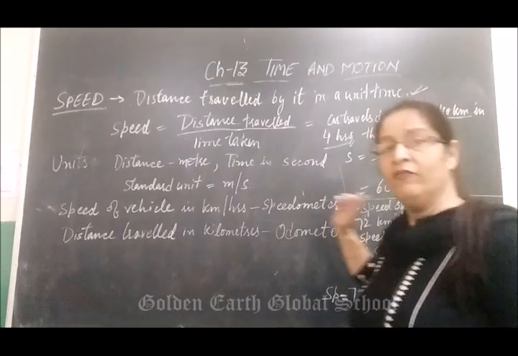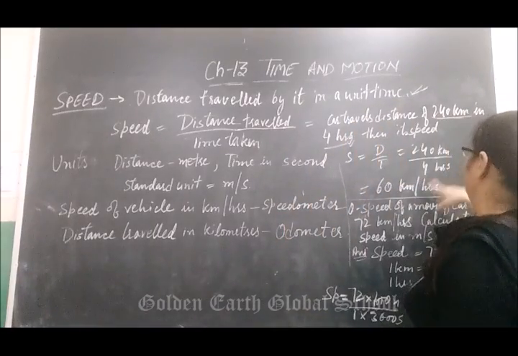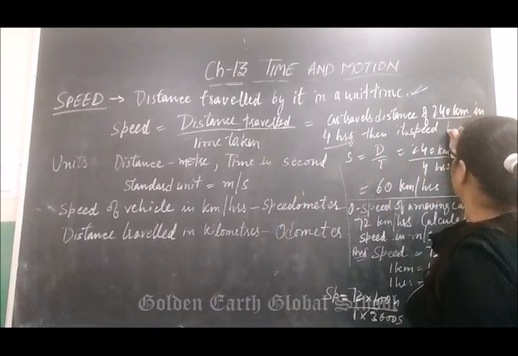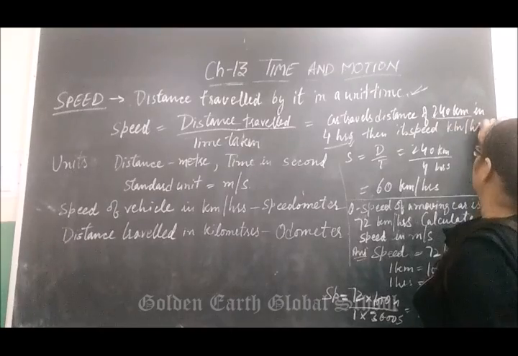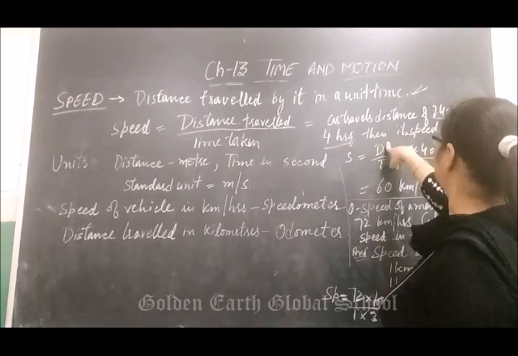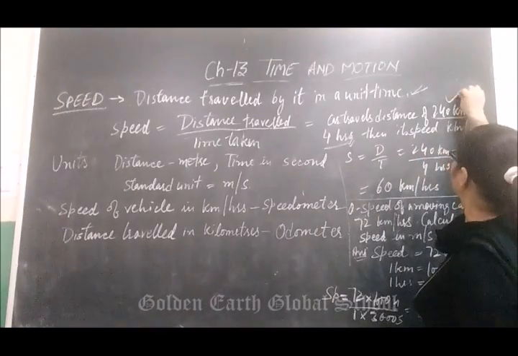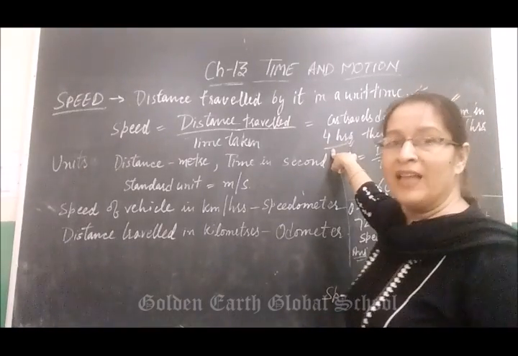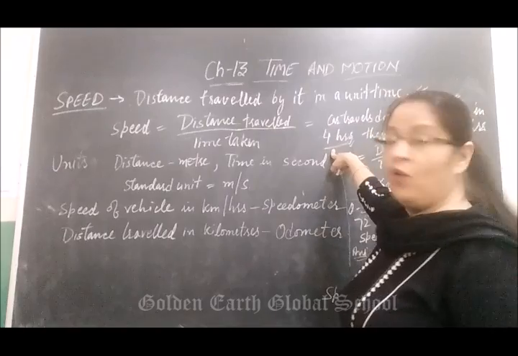Then its speed will be in kilometers per hour. We can write the formula: distance is equal to 240 kilometers and time taken to cover those 240 kilometers is 4 hours.